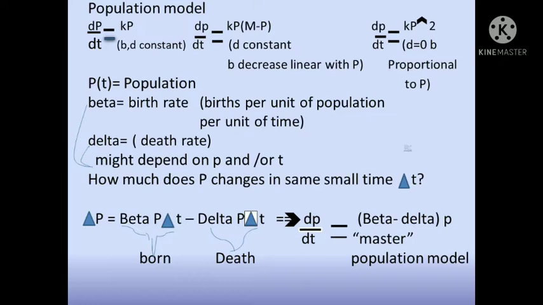I should point out a very important thing about beta and delta. Beta and delta may depend on the population size P or the time t.